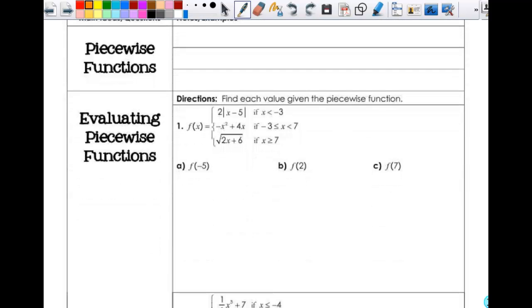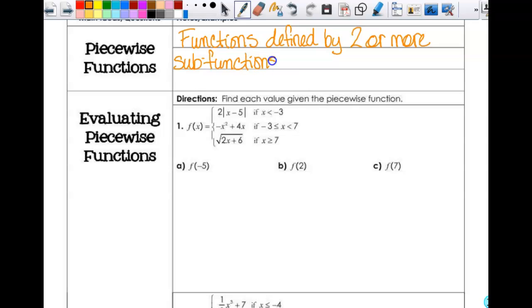So what piecewise functions are, they are functions defined by two or more subfunctions, each with its own domain.